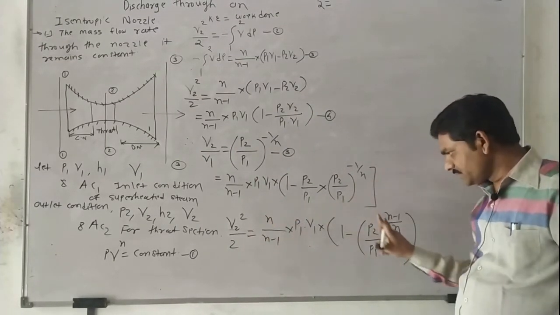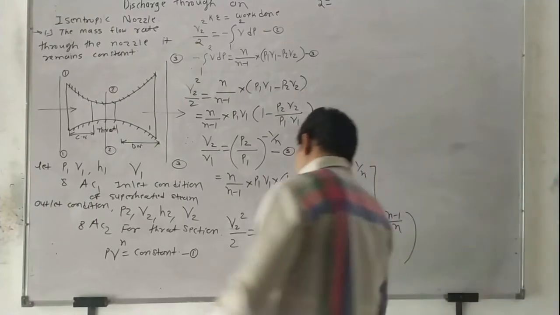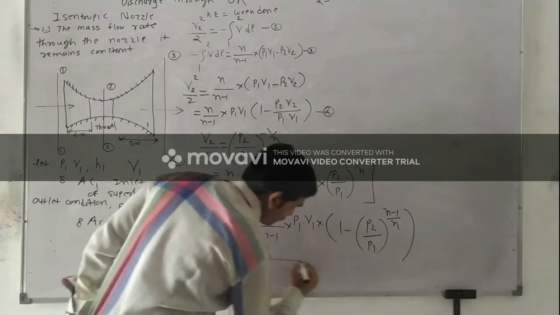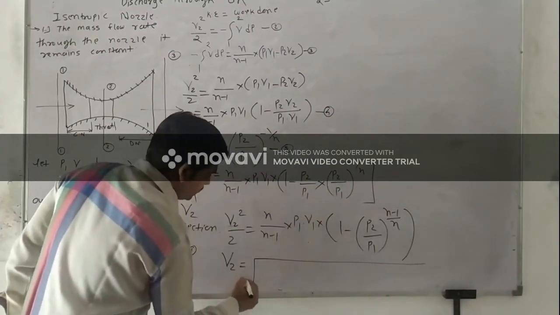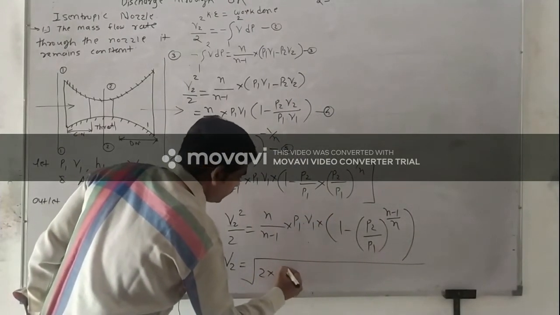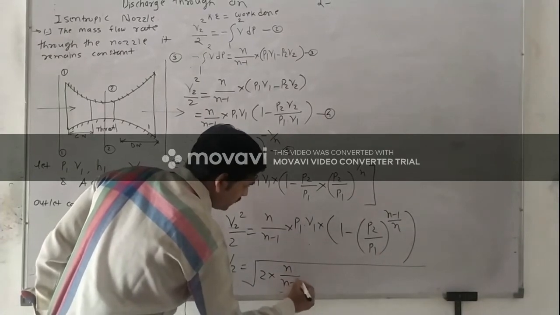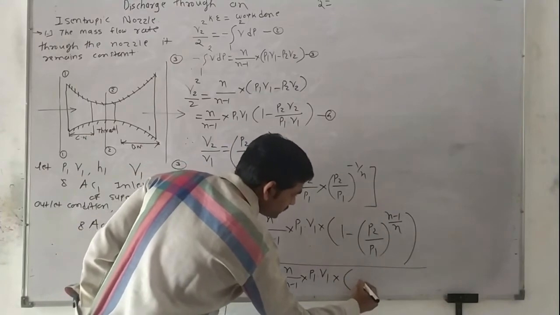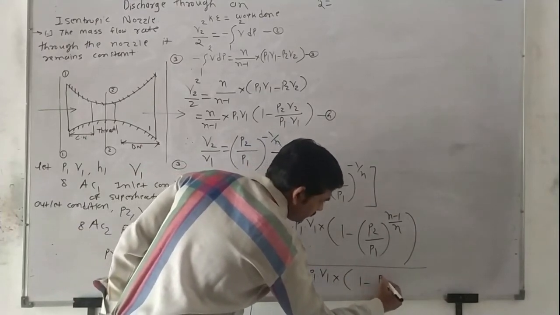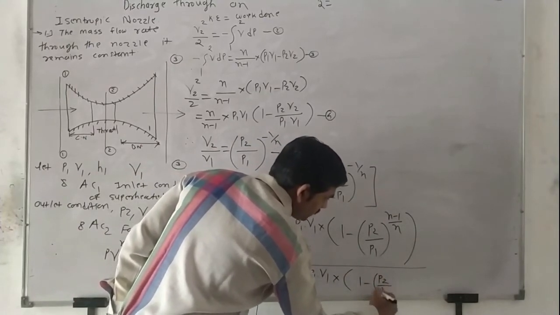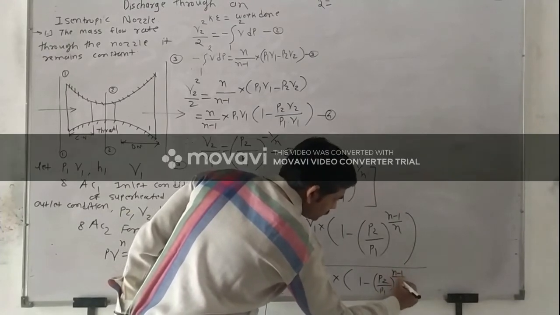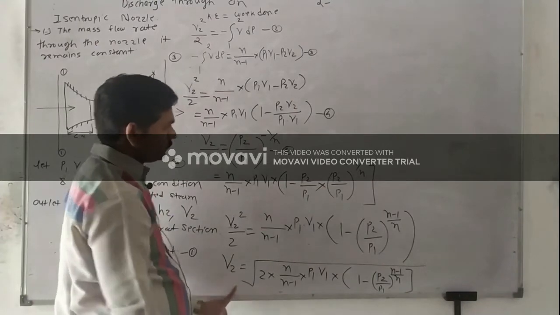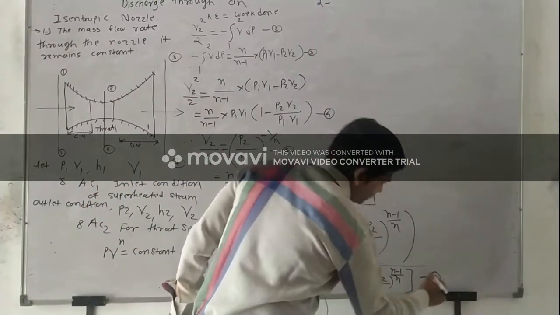So V2 is equal to this complete term under root. We obtain V2 is equal to the square root of twice multiplied by n upon n minus 1 into P1 V1, bracket 1 minus P2 upon P1 to the power n minus 1 upon n, bracket completes. We have this equation, and suppose we call this equation number 6.